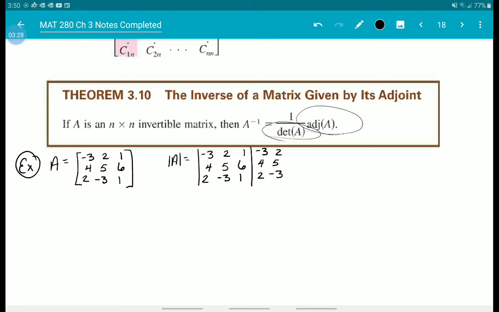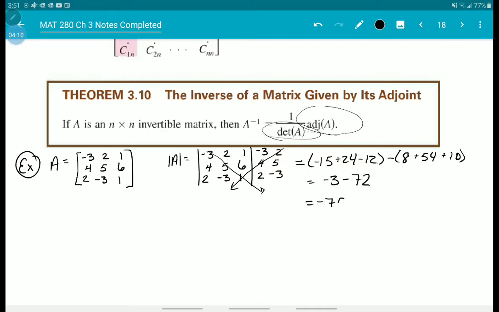I'm going to choose to use the shortcut method here. So I ended up with a -75 here.